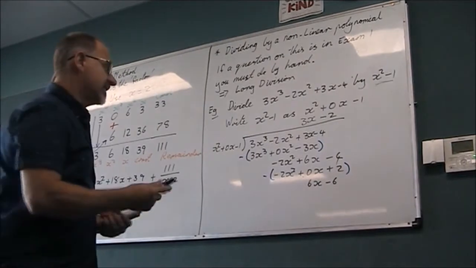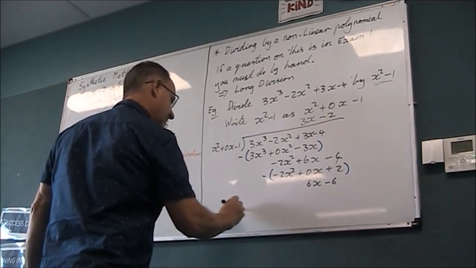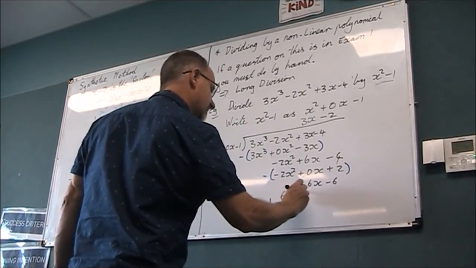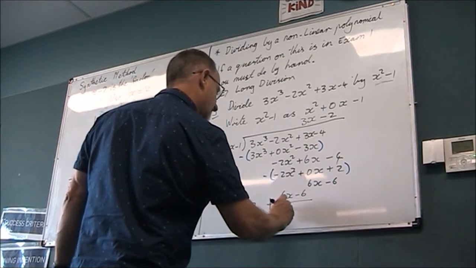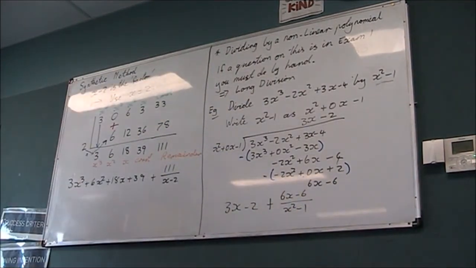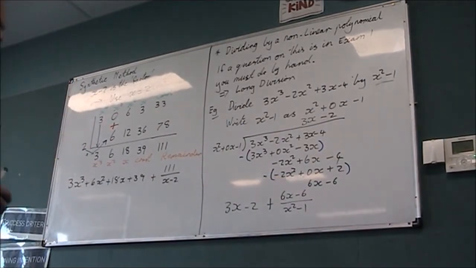So what is it? It's 3x take 2 plus your remainder, which is 6x minus 6 over x squared minus 1. We don't need to put the 0x in there, that was just in there to help us with our calculation. So if you've got exam 1, that's how you do it.